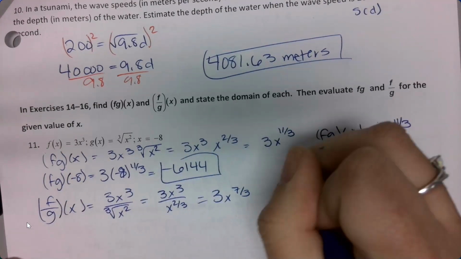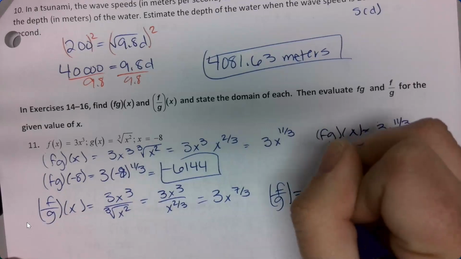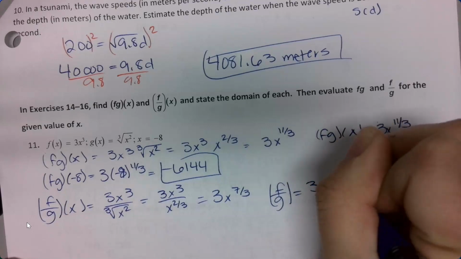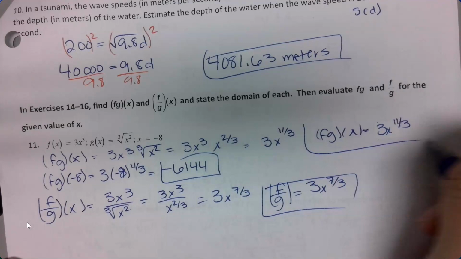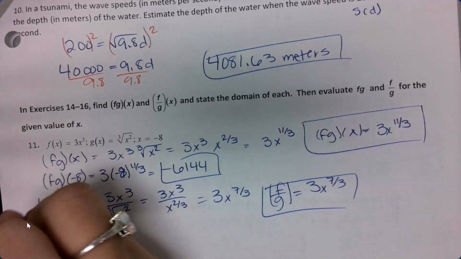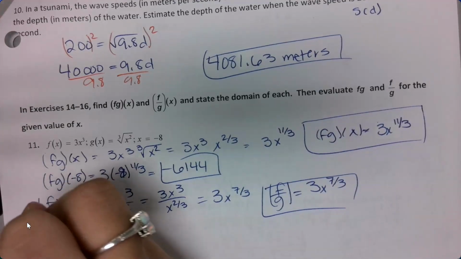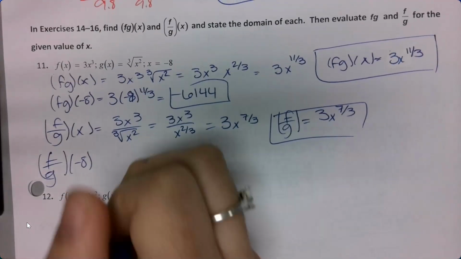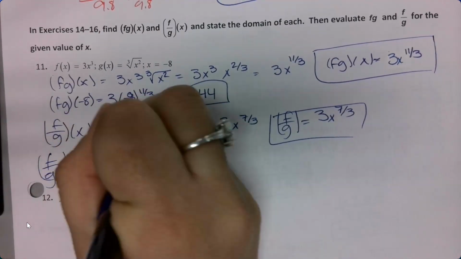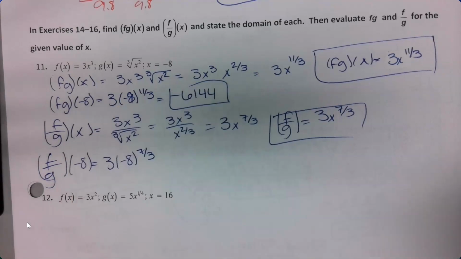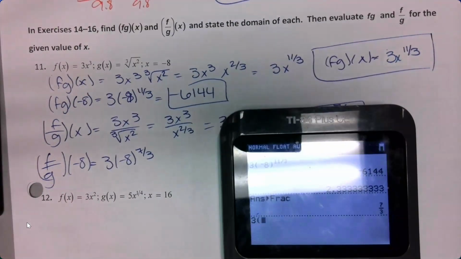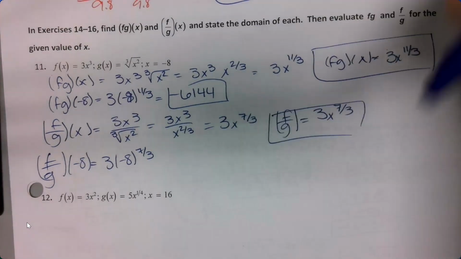So my function here is 3x to the 7/3. Then I just want to plug in the -8. So I'm going to type that into my calculator, which gets me -384.